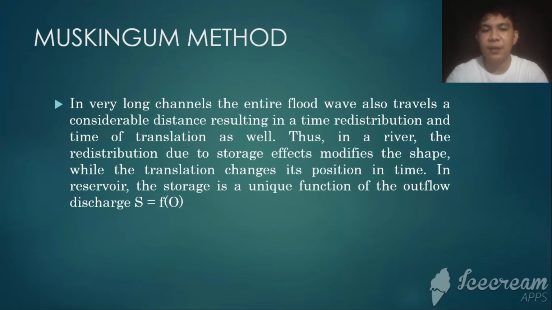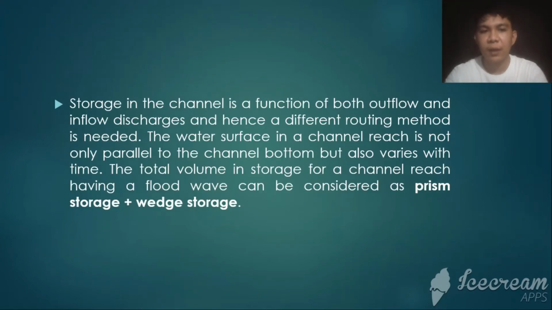So in a reservoir, the storage is a unique function of outflow discharge. Storage in the channel is a function of both outflow and inflow discharges, and hence a different routing method is needed.